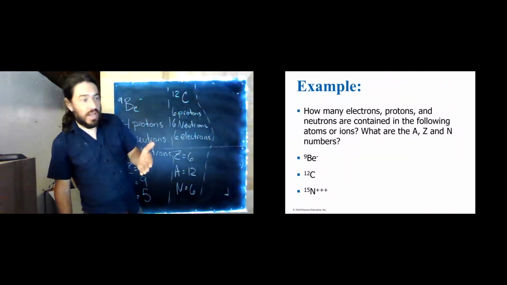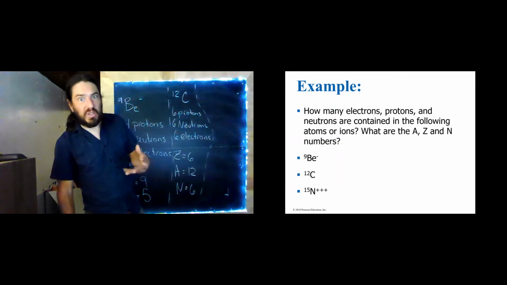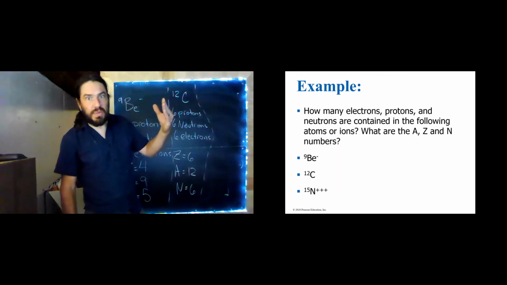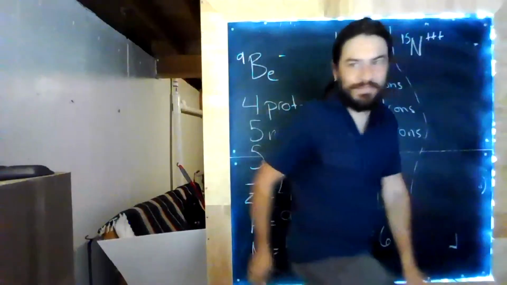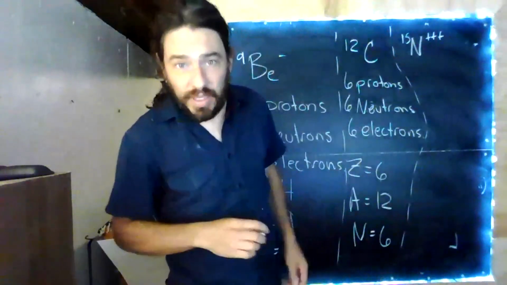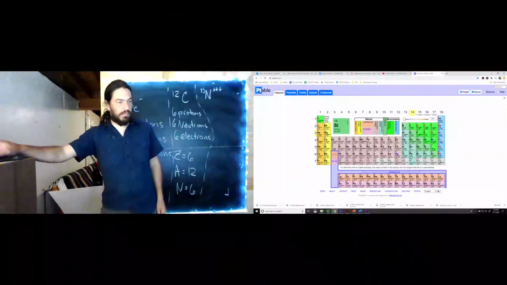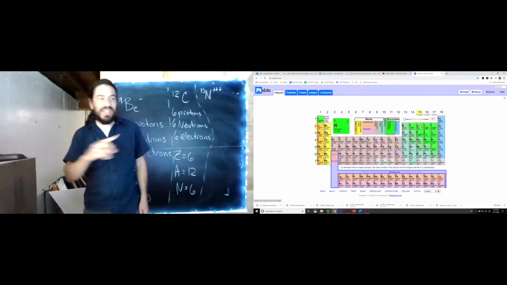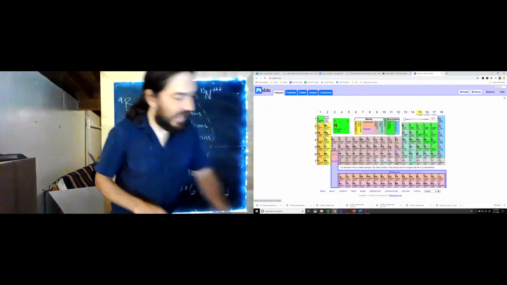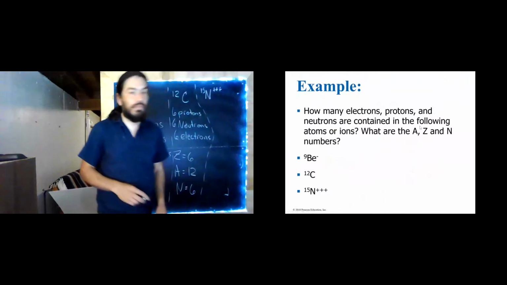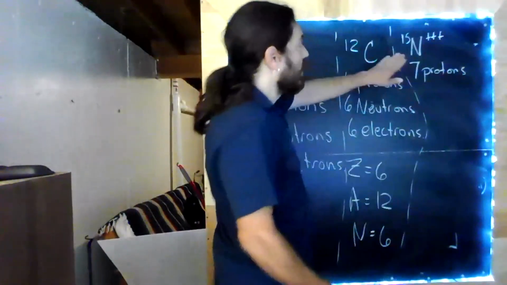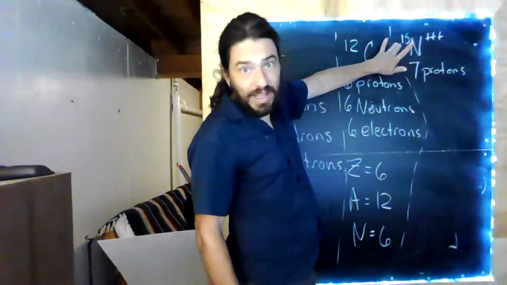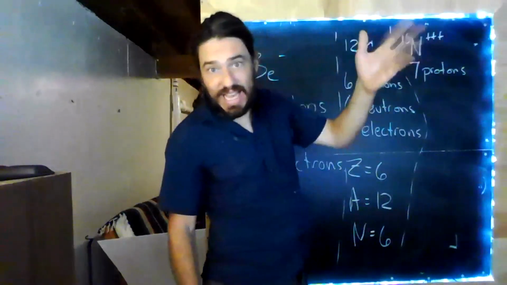How about nitrogen-15 with a triple positive charge? This one's going to be really hard. If we look on our periodic table, here's nitrogen. Nitrogen is number 7 on the periodic table. Therefore, it has 7 protons. This is nitrogen-15. 15 minus 7 is 8.